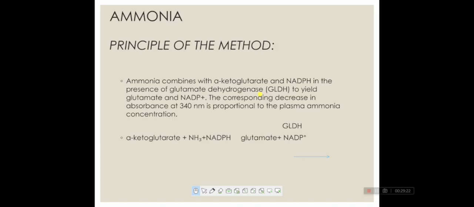Now talking about ammonia. Ammonia is also an important parameter which is estimated in the renal function test. It is measured in the blood to diagnose renal functionality. The ammonia produced in the kidney is either excreted into the urine or returned to the systemic circulation through the renal veins.